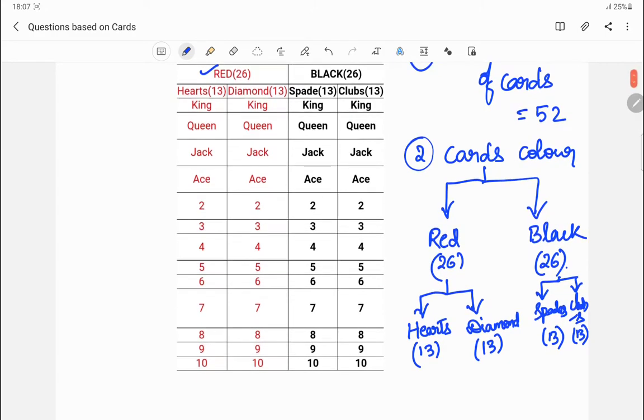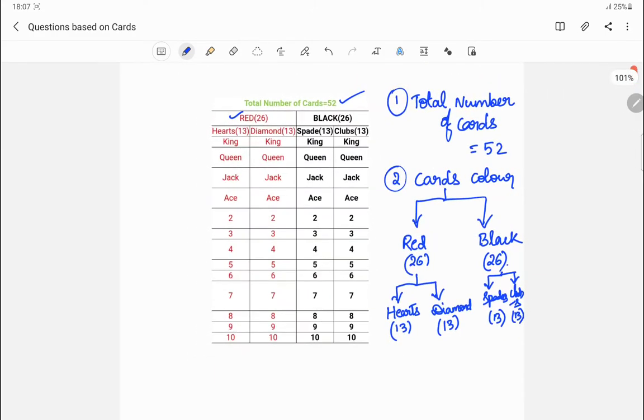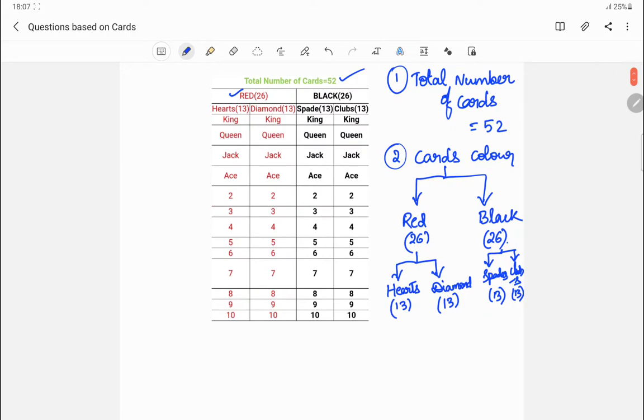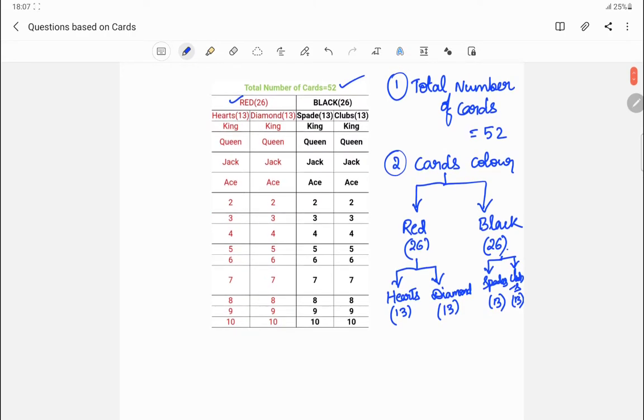Now, after a week or two, you may forget what types of cards come under red. I mean, whether hearts, diamonds, spades or clubs come under red, you may forget it.